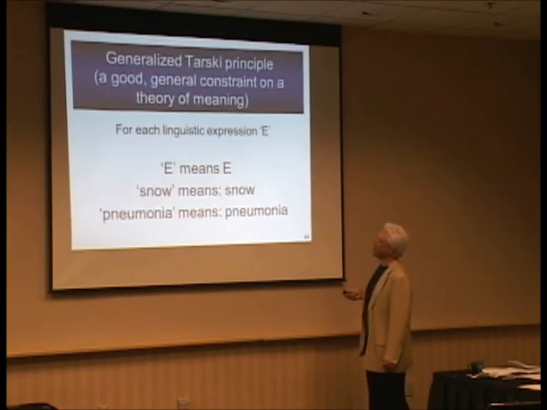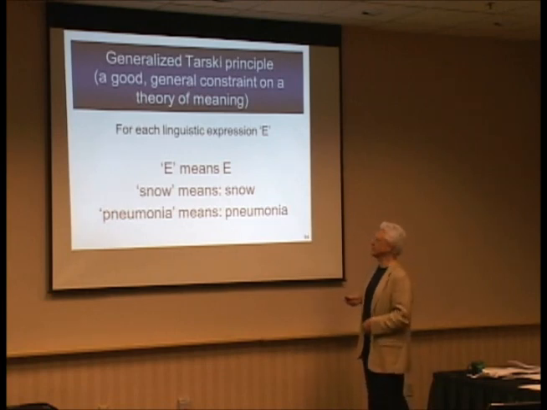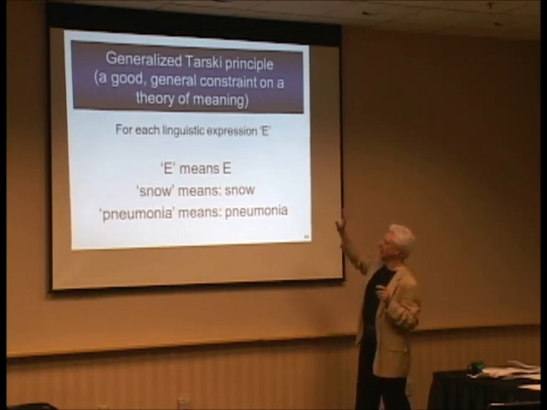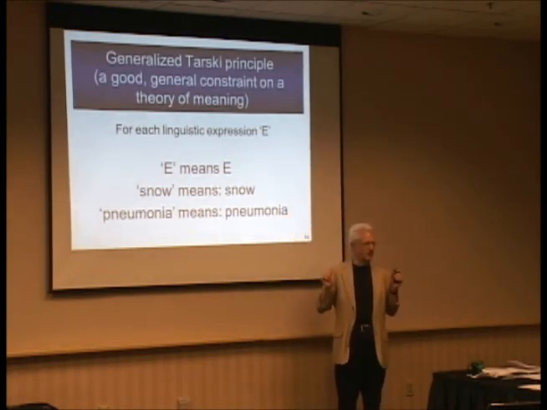Now, this is a rather sophisticated label for a principle because it's a generalization of the principle created by Tarski, who was a famous logician. But it's a good rule, and particularly if you're working with anybody who's involved in HL7, that E always means E for any expression.